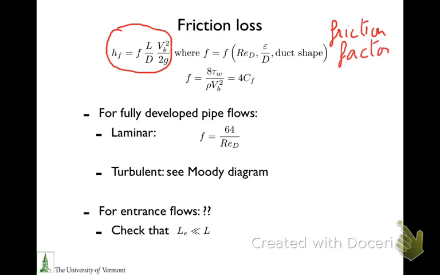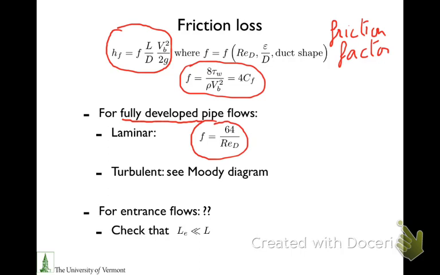An alternative definition of f is given here, not the most useful for you, but here's why it's very important to know in which regime of the flow you are, not only laminar and turbulent, but to know if you are fully developed. The correlations that we have are only defined for fully developed flow.